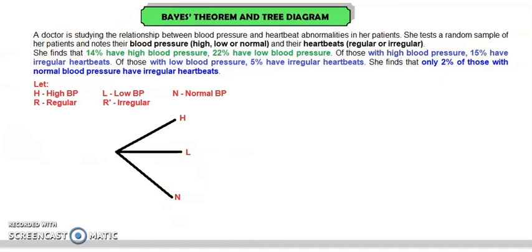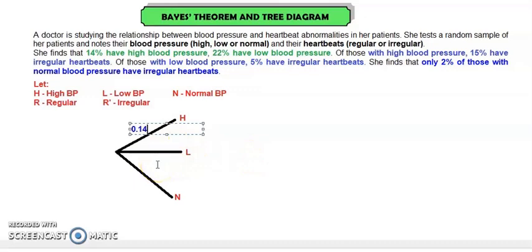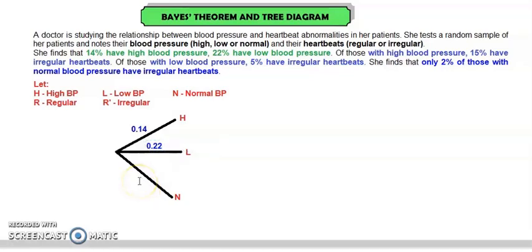Then assign the probabilities. What is the probability for high blood pressure? 14%, so 0.14. Low is 22%, 0.22. So normal will be 1 minus 0.14 minus 0.22, which is 0.64. The total must be equal to 1.